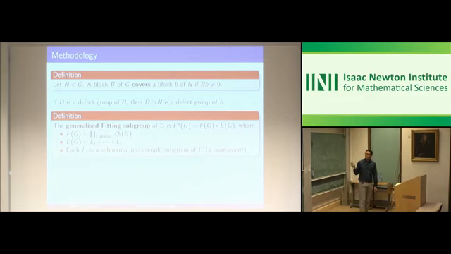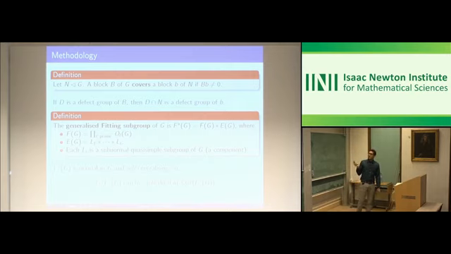The most important property is that, other than being normal, it is self-centralizing. So in a way, it controls the structure of the whole group, because the quotient, what's left, can be embedded in the automorphism group.